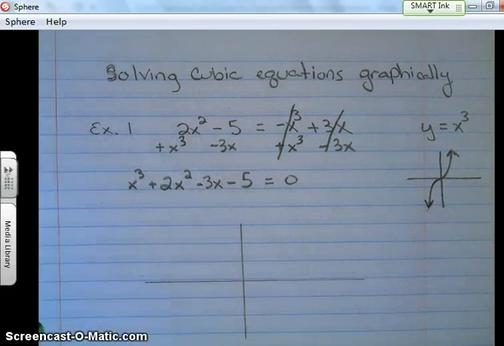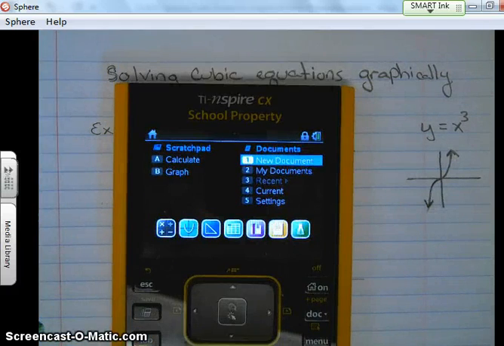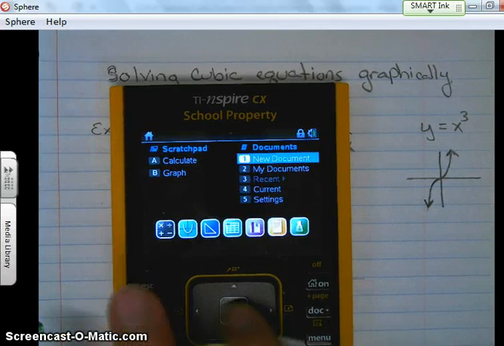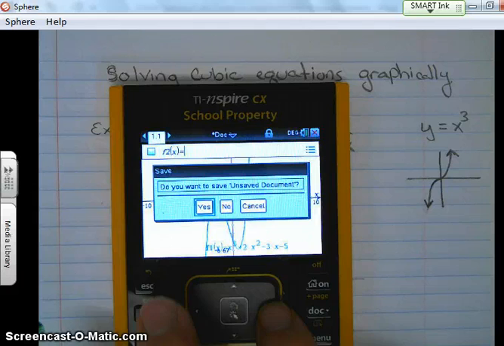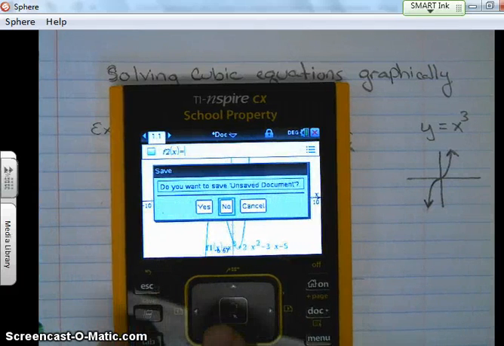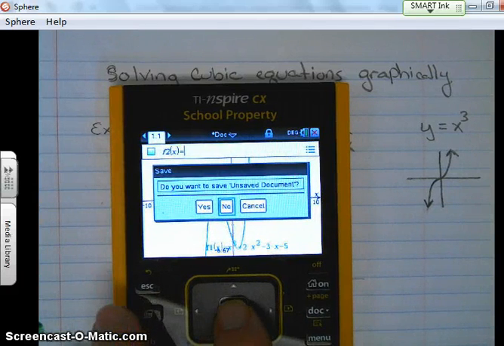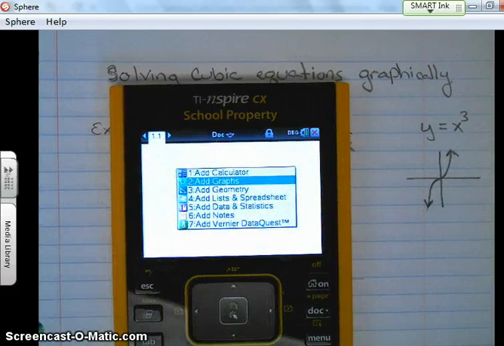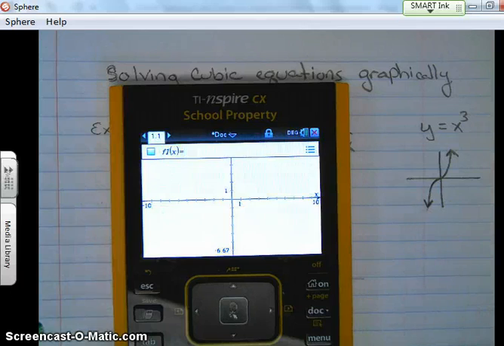First thing we're going to do is turn our calculators on. Press the on button. New document. No, we're not going to save any unsaved documents. Go down to graphs, and we're going to plug this in.